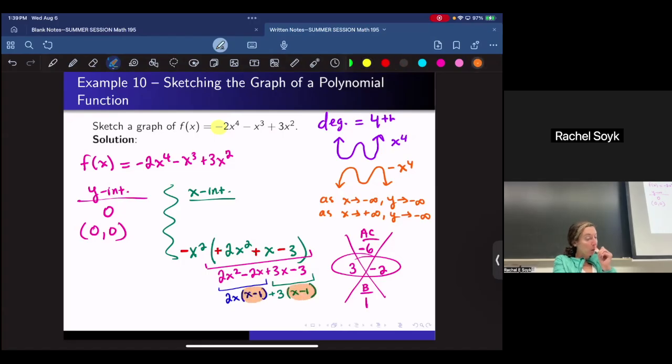And so we can pull that out so that it is fully factored into x minus 1 times 2x plus 3. And then all the way on the outside, you don't want to forget the whole negative x squared.